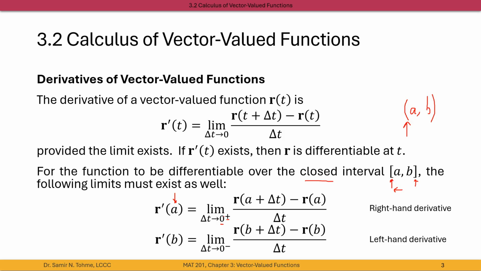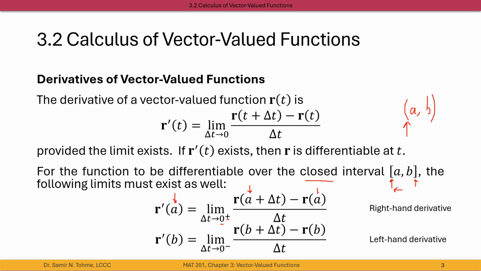The plus in the superscript of 0 means you're approaching from the right. The same definition as above, but you replace t with a. This is called a right-hand derivative.